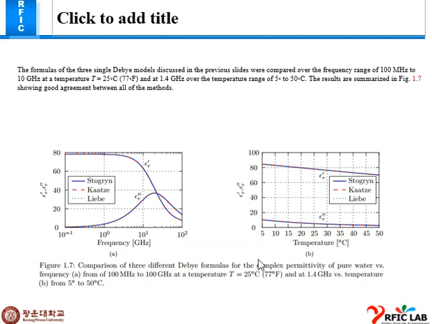Complex permittivity of pure water versus frequency, as I described in the previous slide also. The difference between these two figures is the frequency from 100 megahertz to 100 gigahertz at a temperature of 25 degrees Celsius, 77 degrees Fahrenheit, and 1.4 gigahertz versus temperature from 5 to 50 degrees Celsius.